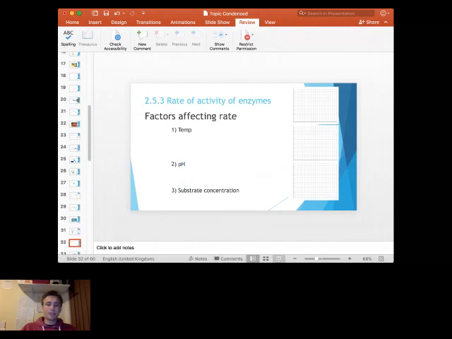So there are different factors that affect how fast an enzyme will work, and you just have to understand how each of these affects enzymes. The first thing is temperature, which we're going to represent by this top graph here. Imagine temperature is on the x-axis, and rate of enzyme activity is on the y-axis.